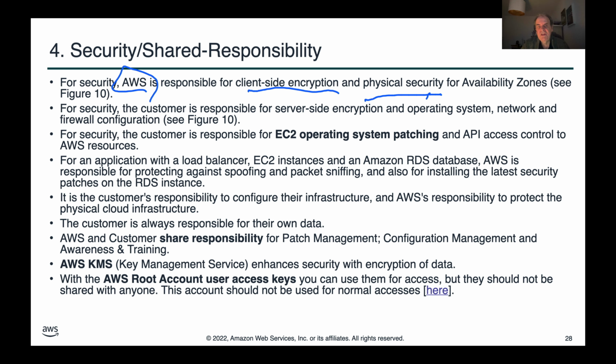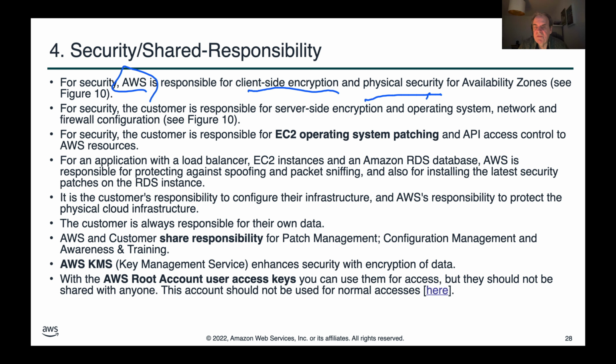For our application, we can have load balancers, EC2 instances, and RDS engines. AWS is responsible for detecting spoofing, packet sniffing, and applying the security patches into the managed database service of RDS. I'll show a diagram of that in a little minute.